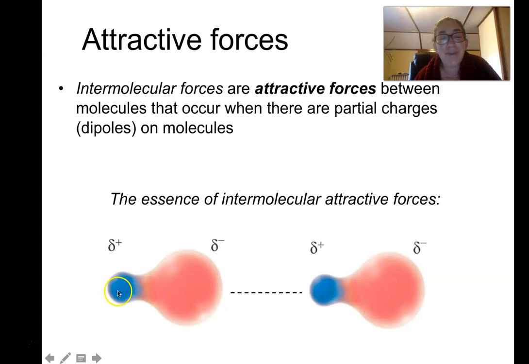So you may have 2 atoms bonded together, but one of them is very electronegative, so it hogs those electrons and it becomes partially negative, and then the other one who's getting electrons hogged from it becomes partially positive. We get these dipoles, these polar molecules. So attractive forces have to do with these partial charges attracting each other rather than full charges in an ionic compound.